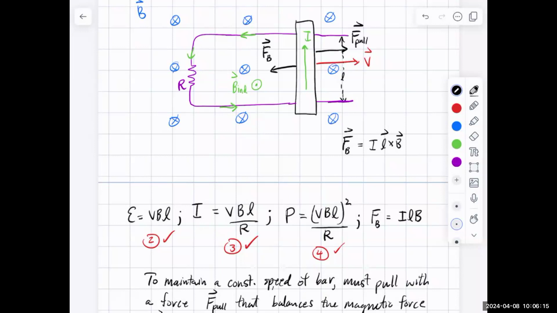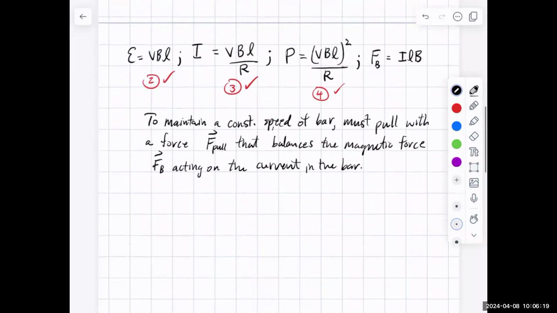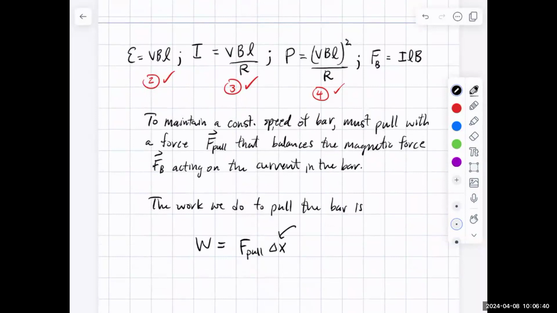So we have to put energy into the system to do this. The work we do to pull the bar is, so the work is F pull times whatever the displacement is. And so this is our displacement.